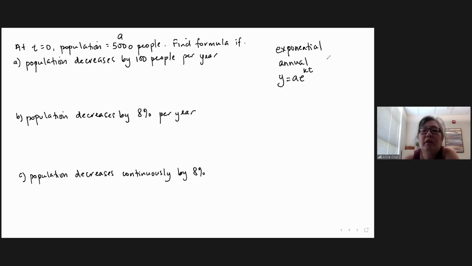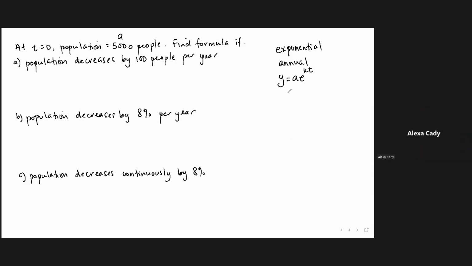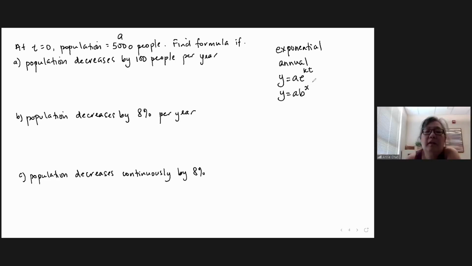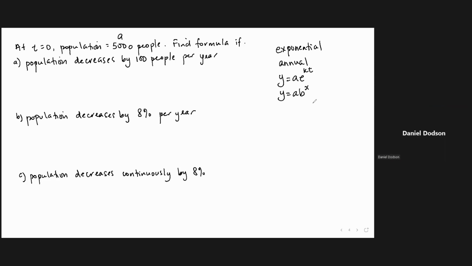Any more? Y equals a b to the x power. Okay. Any other? Isn't it linear since it's just decreasing by 100 people per year?